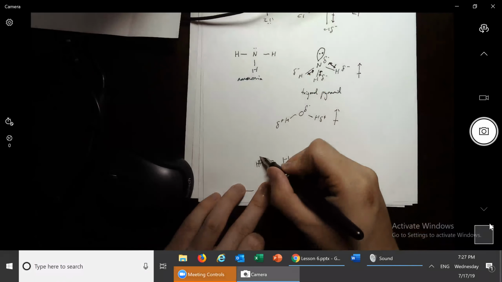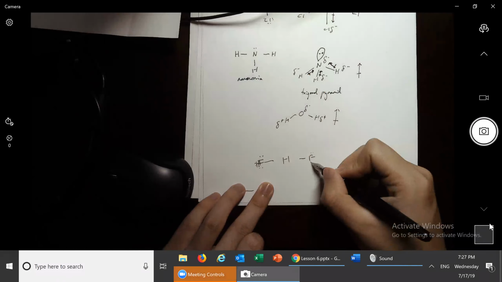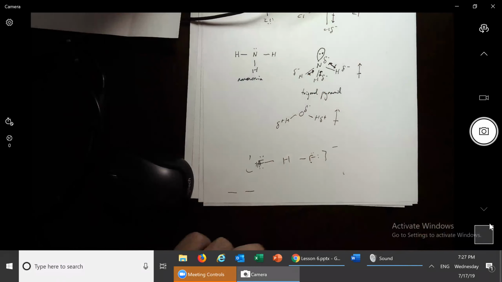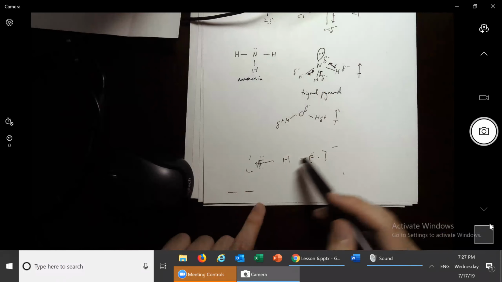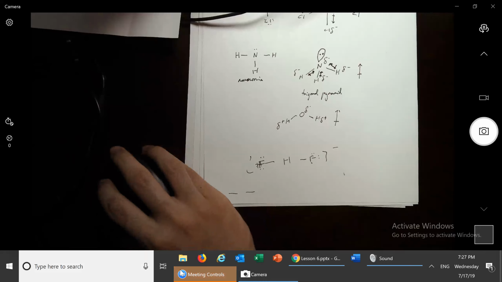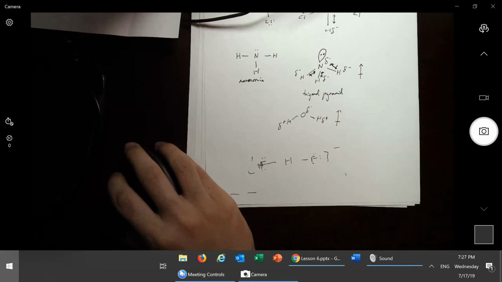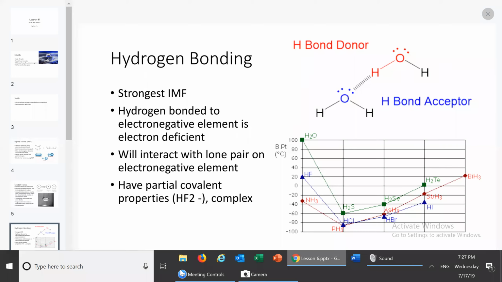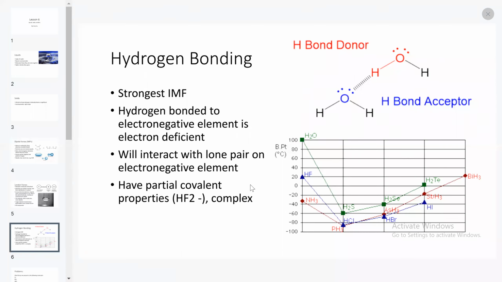That should be a fluorine. Right? So this is very strange because we have this hydrogen with two bonds. So it's a little special. So that's one example of a very, very strong hydrogen bond. So somewhat abnormally strong. Okay?